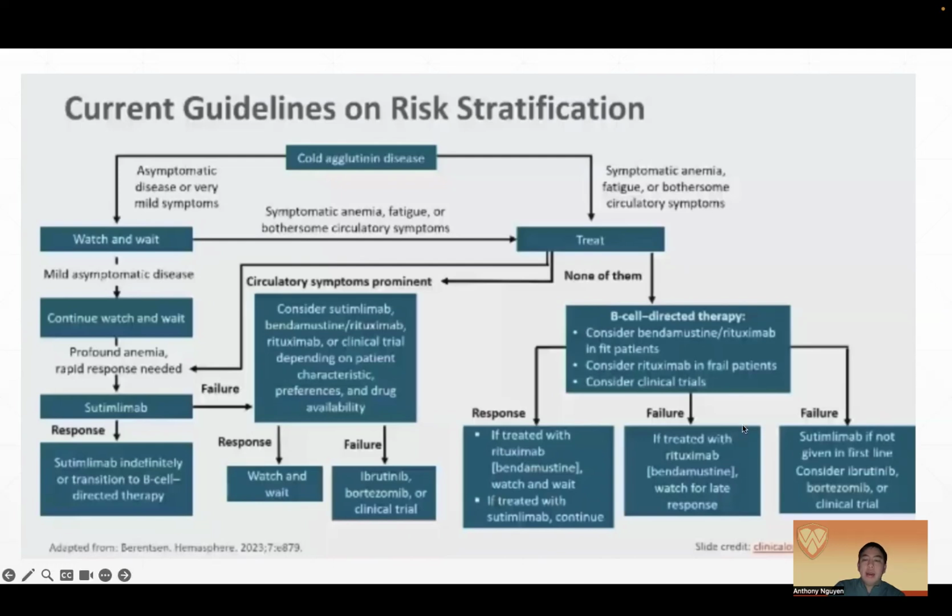And we proceed according to how the patient responds. If the patient responds well to rituximab, we watch and wait for a late response. However, if the patient has a clear failure, we may consider other B cell directed therapies like ibrutinib, bortezomib, or a clinical trial. And we also may consider sutimlimab if it was not previously given.